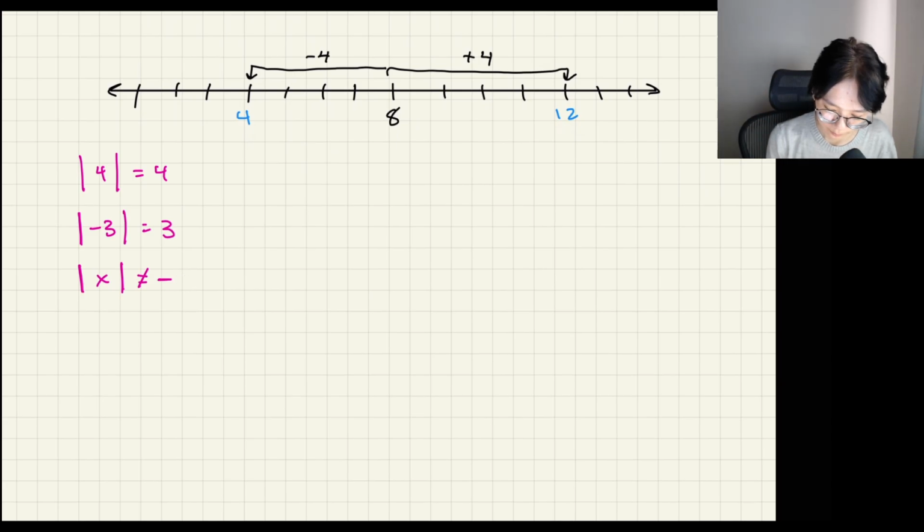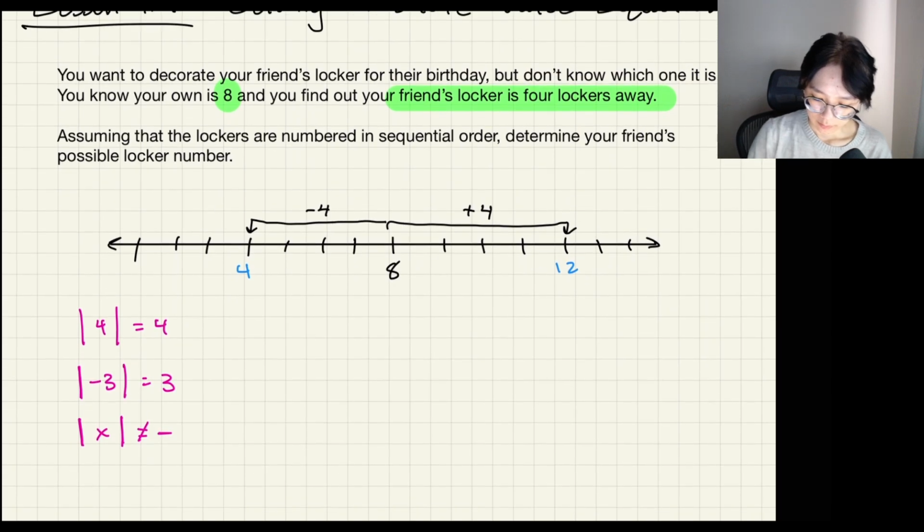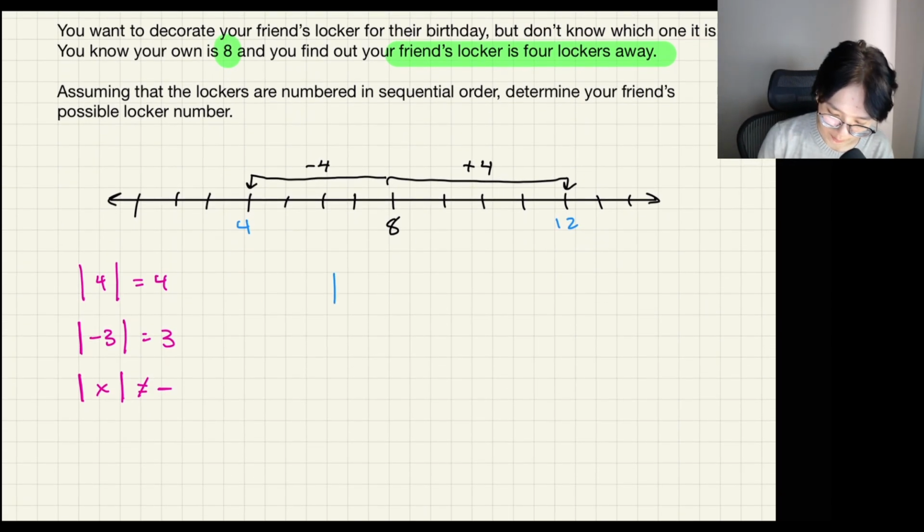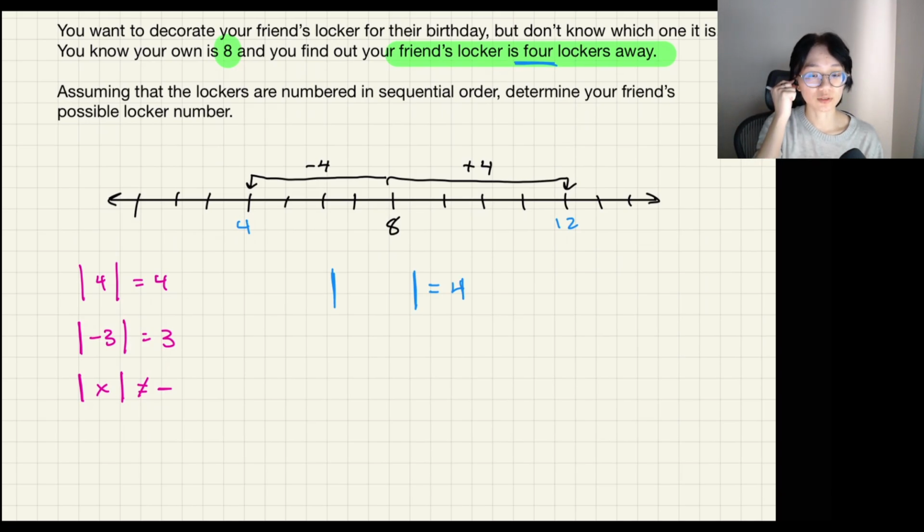So, back to this scenario. These absolute value bars mean distance. And we know that distance is 4. So whatever happens, the distance is 4. We have our friend's locker.